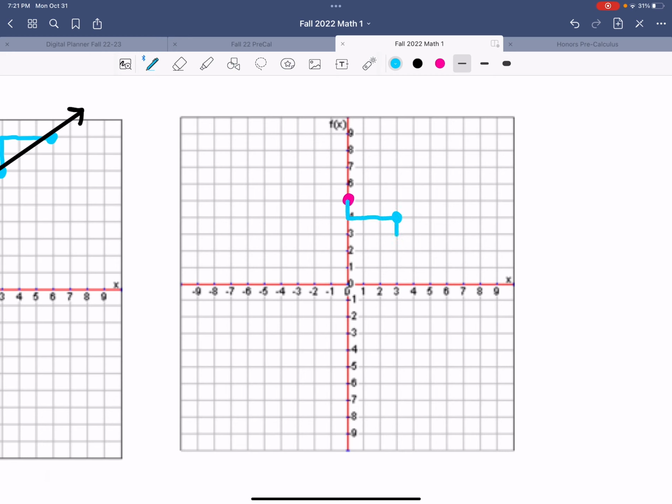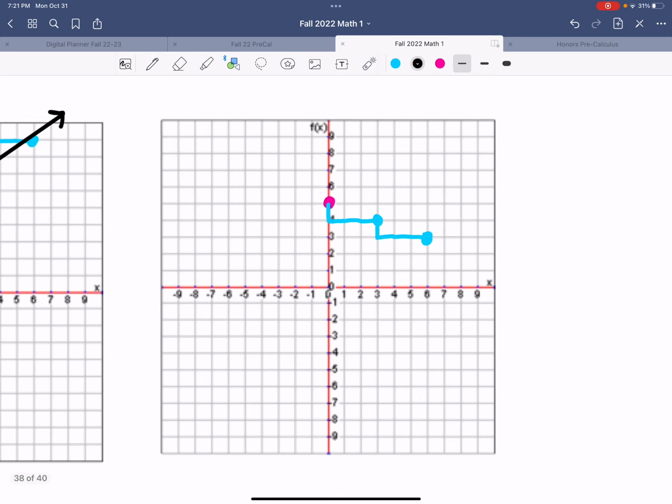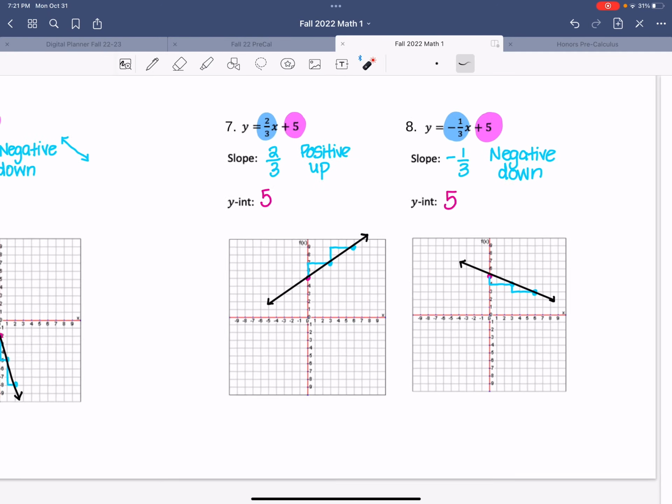There's my point. Down 1, right 3. All right, and we're going to connect there. And again, if we're walking downhill, that means that we're showing that it is negative.